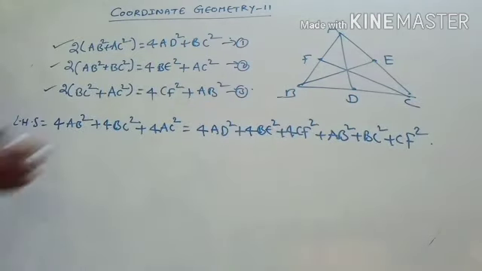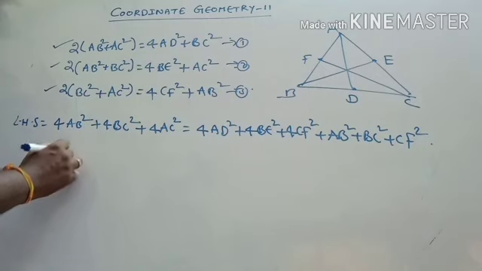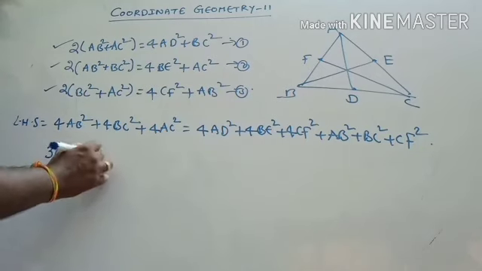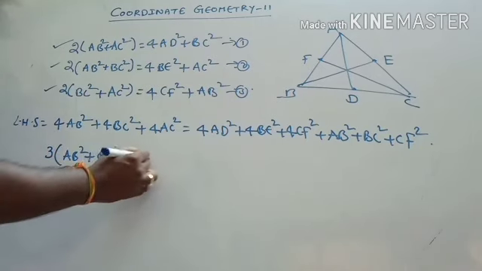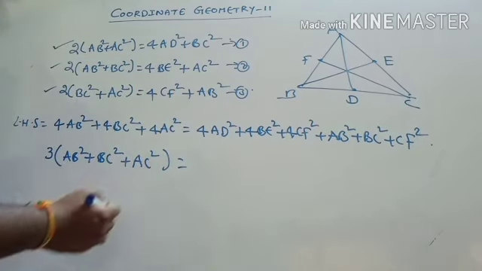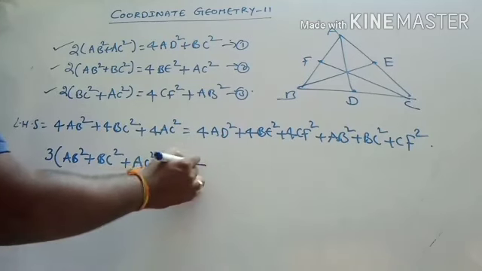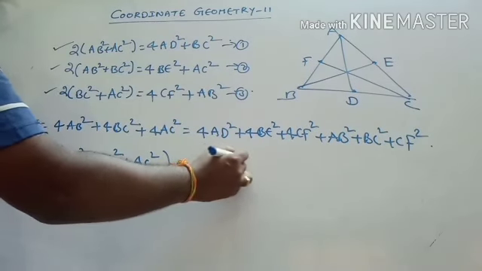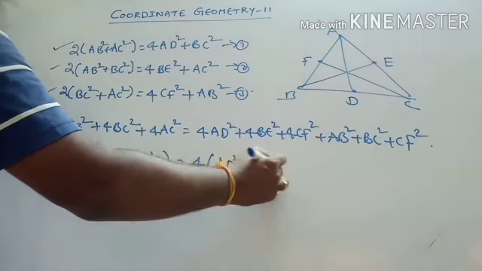Let us transfer one of each of AB square, BC square and AC square to the left side, then we are going to get 3 times of (AB square plus BC square plus AC square) is equal to 4 times of (AD square plus BE square plus CF square).